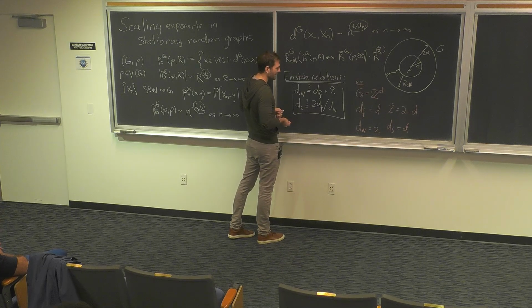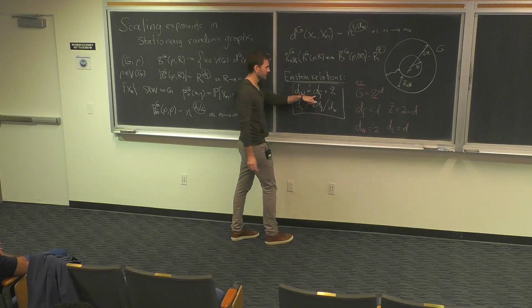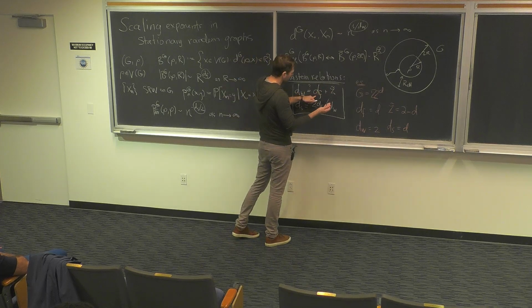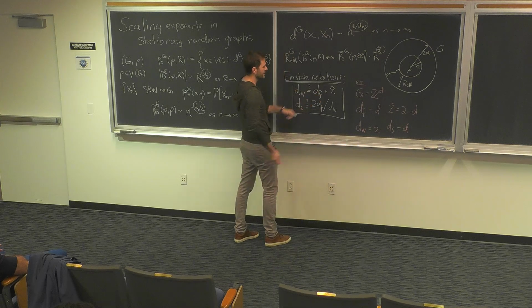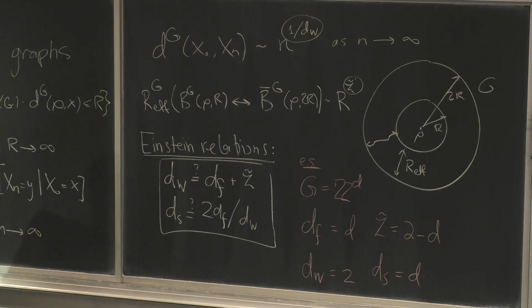But if they did exist, you could ask what they are. Work of Smirnov and Lawler, Schramm, and Werner shows that in the hexagonal lattice, at least, this is equal to 91/48. That's one concrete example where we don't know these values.